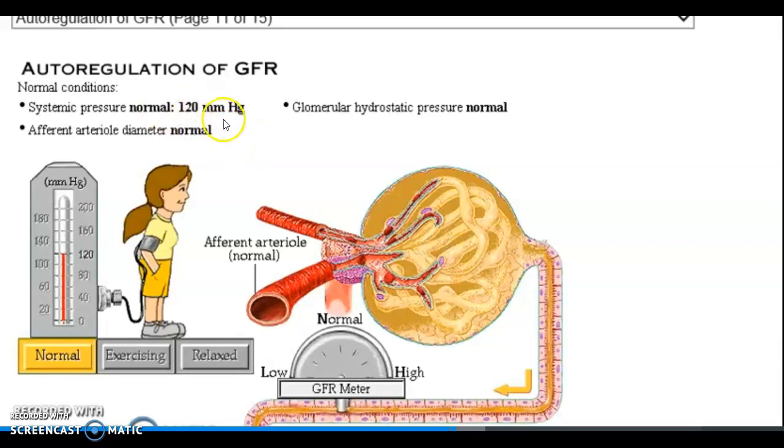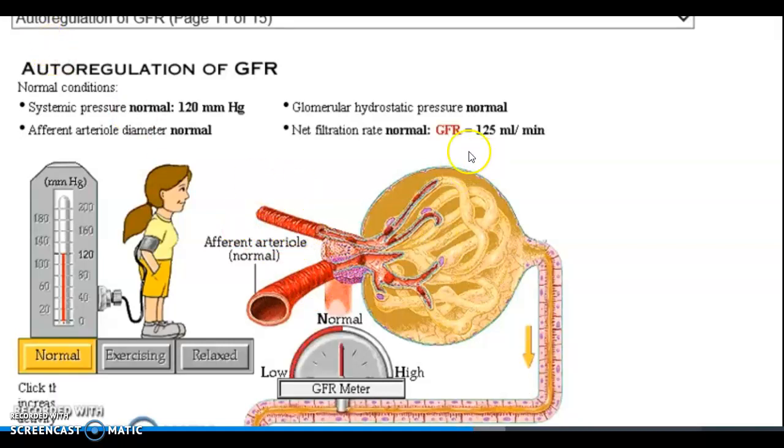Okay, so again, if we have a normal blood pressure of 120 over 80, 120 millimeters of mercury, our systemic pressure, then our glomerular hydrostatic pressure is normal, and the diameter of our afferent arteriole is a certain size, which is always larger in the normal situation than the efferent arteriole. And of course, that reaches our goal of 125 milliliters per minute, our glomerular filtration rate.